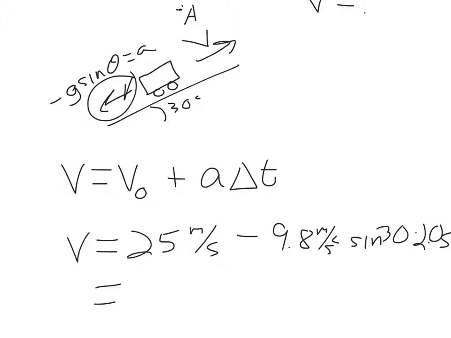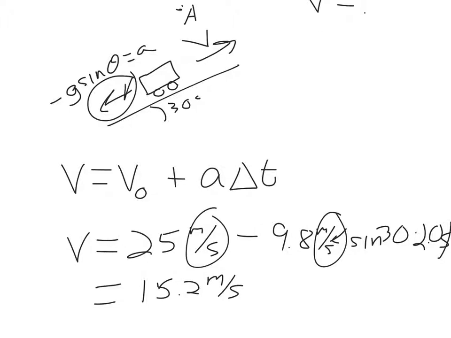Okay. All right, and I'm getting left over about 15.2. This was meters per second squared, and this was seconds, so one seconds will cancel. I'll get meters per second minus meters per second. Important that we have the same unit. So this should be in meters per second. You can only add or subtract like units.